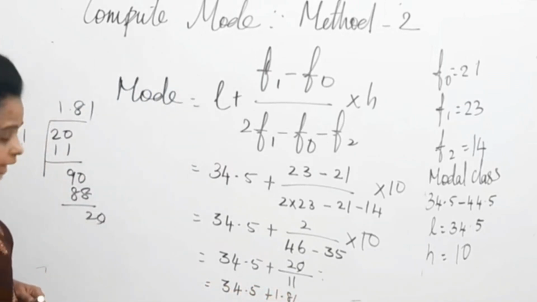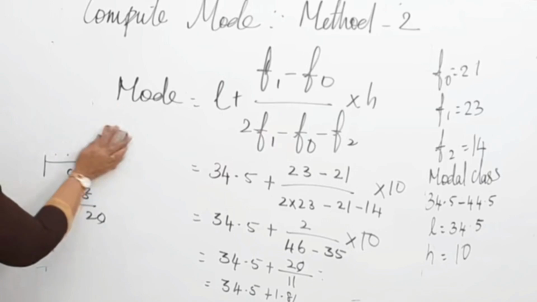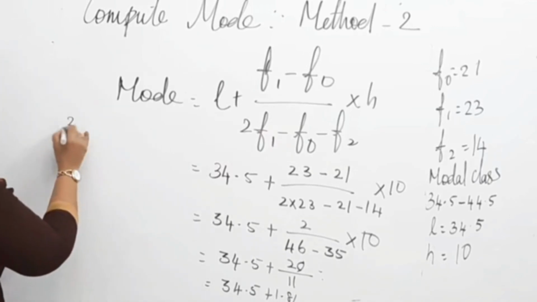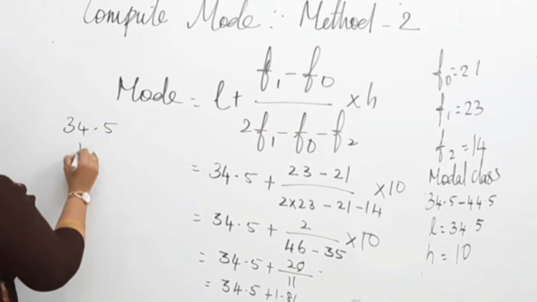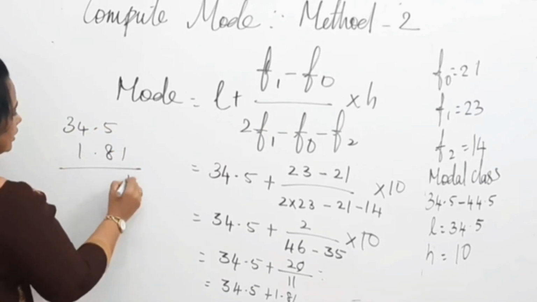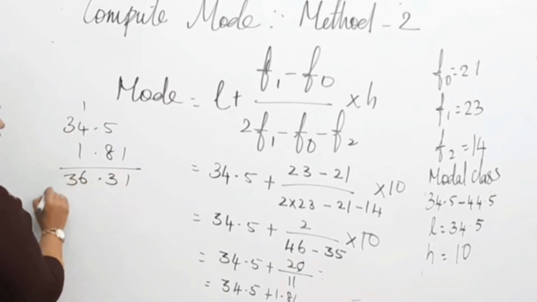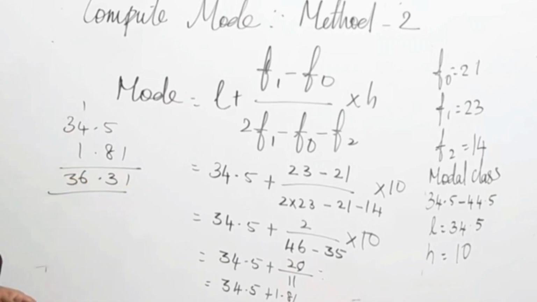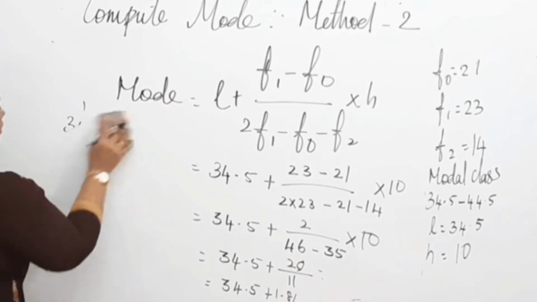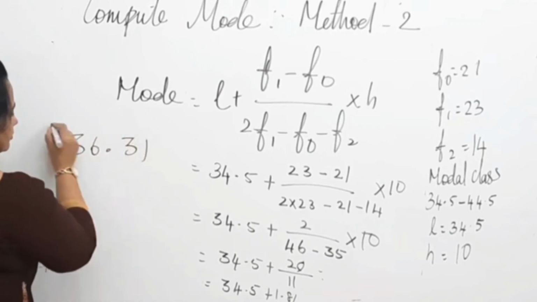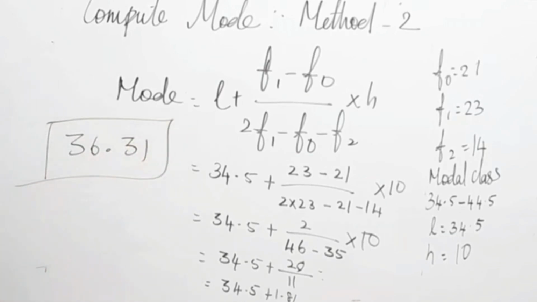So I'm going to add 34.5 with my 1.81. So my answer is 36.31. As simple as that. I got my value for mode, which is 36.31.